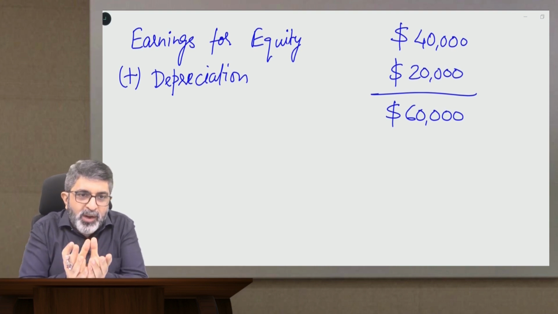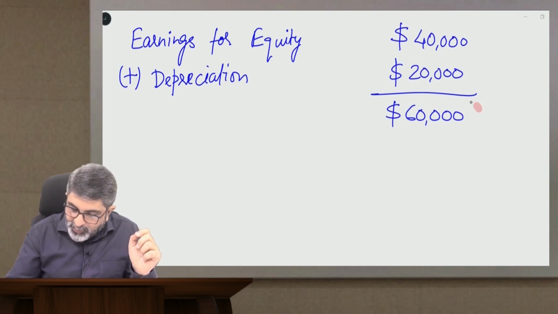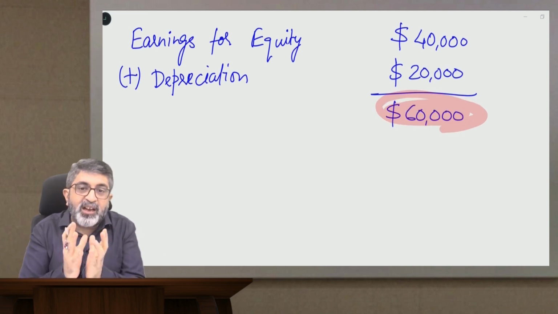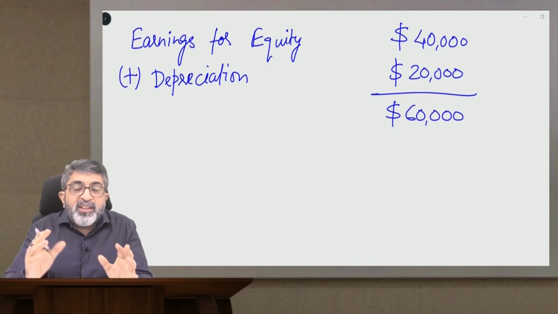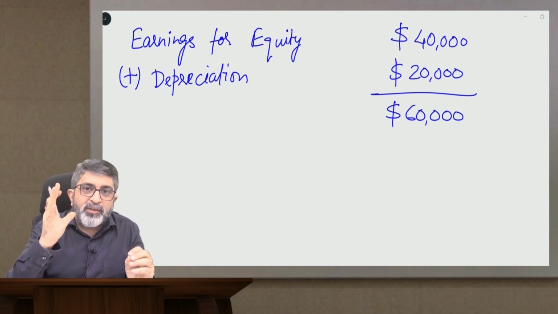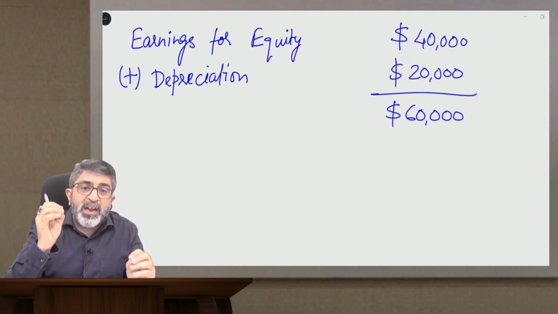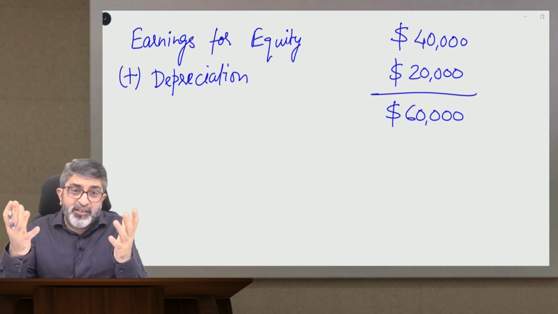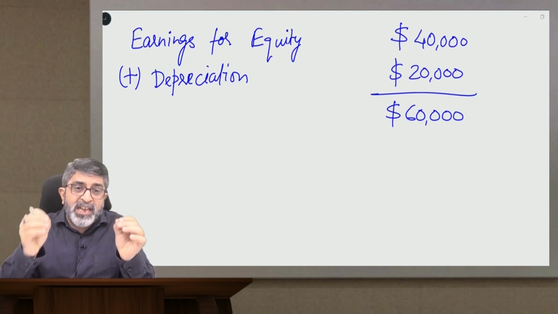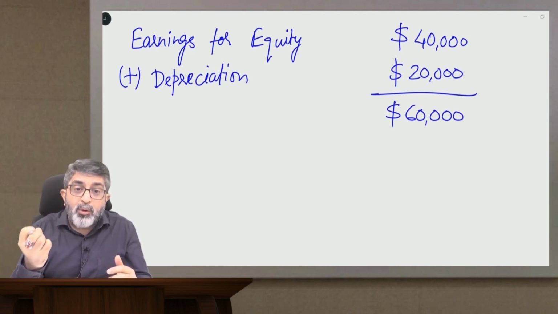So when you have to increase your working capital, this is the cash flow that you have generated in the current period, correct? $60,000 is the cash flow that you have generated in the current period. But out of that, say $10,000 you have decided to invest additionally in your working capital. $20,000 you have decided additionally to invest in your fixed assets. So increased investment in your fixed assets and additional amount of working capital that you have to set aside will bring down the free cash flow amount.